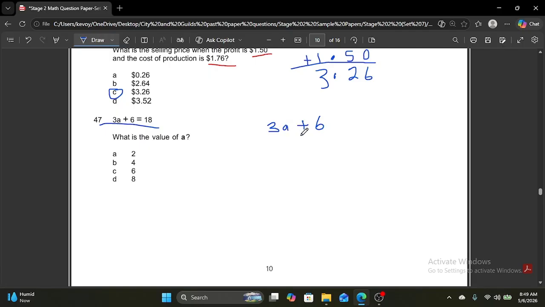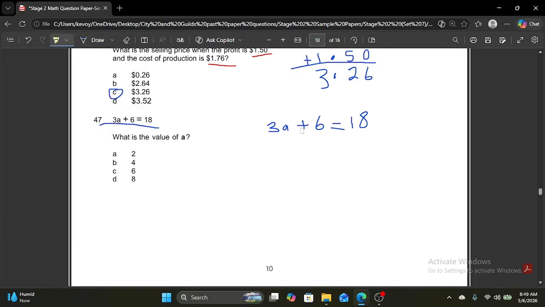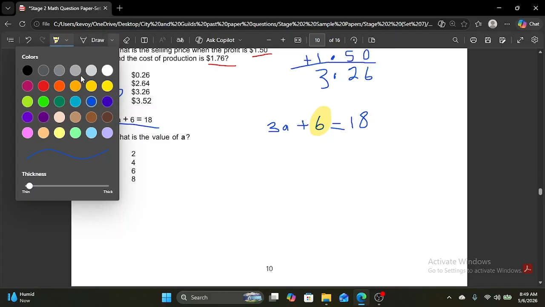3a plus 6 is equal to 18. So first things first, whenever we have a linear equation looking like this, where we have a number multiplying plus another number that's being added, so we have 6 that's being added right here, normally we move off whatever is being added or subtracted first.